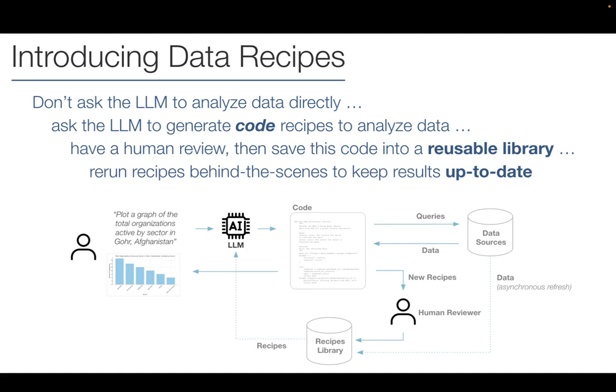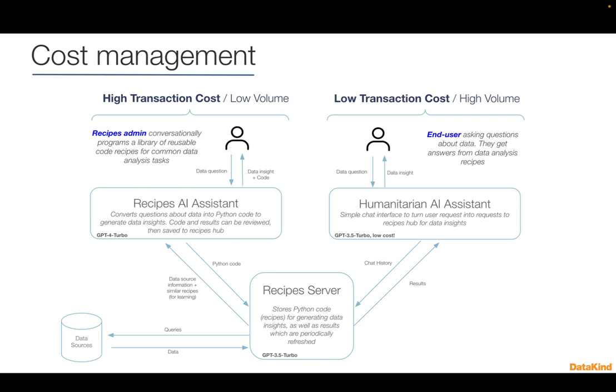A human can look at the code, see what it's doing, fix it, sign off on it, and then publish it so that that recipe can be put into a library and reused on websites, in chat interfaces, all over the place. And then those recipes can also be kept up to date behind the scenes, so that the end user sees up-to-date data analysis.